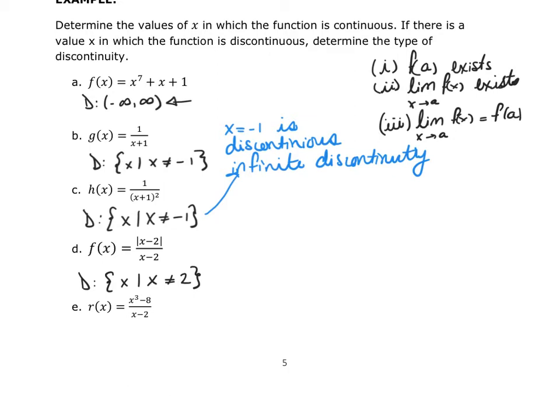Now, if you were to graph D, it's going to look something like this. Everything on the left side of positive 2 is going to be below. It's going to have a hole there. Everything on the right side of 2 is going to be above. This one is 1 and this one is negative 1. So that's what the graph is going to look like.